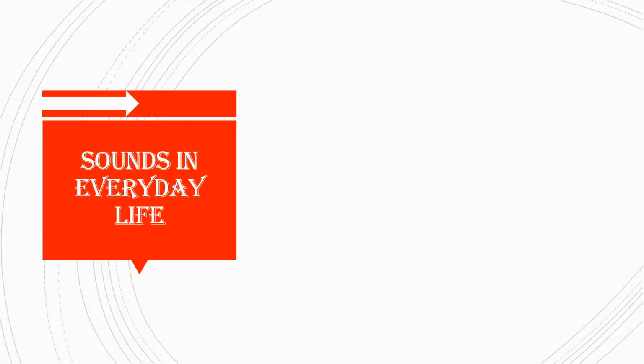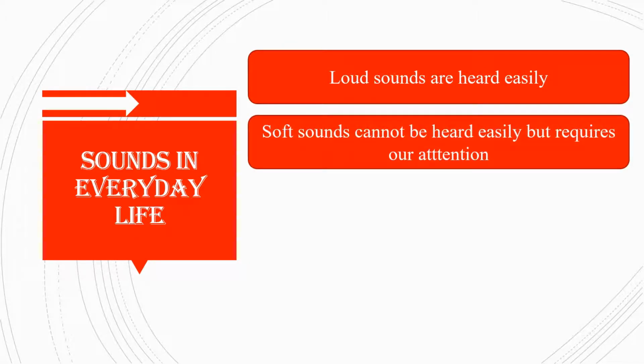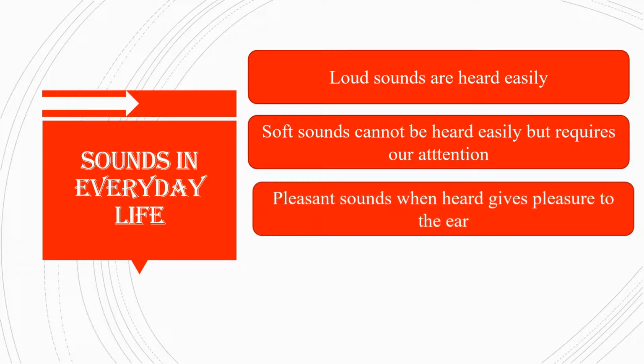Students, in everyday life, we hear numerous kinds of sounds. These can be classified in many ways, like loud sounds which are heard easily, or soft sounds which cannot be heard easily but require our attention. Then there are pleasant sounds, which when heard give pleasure to the ear.